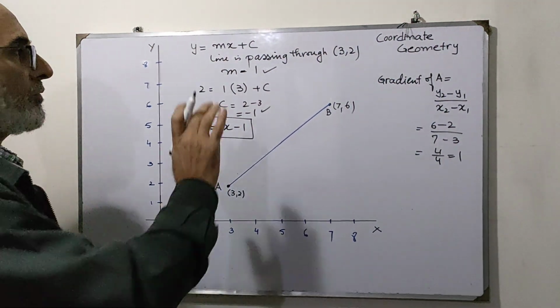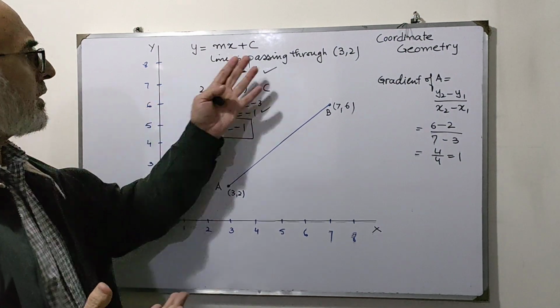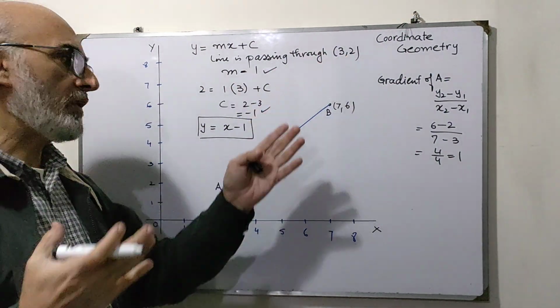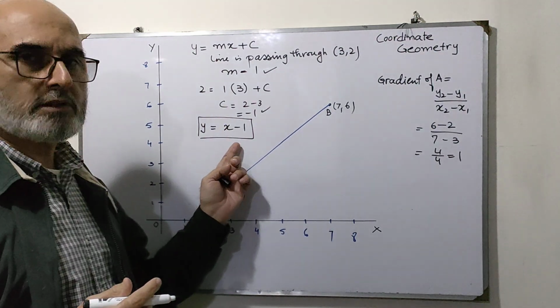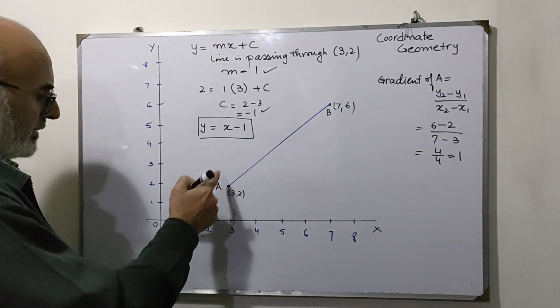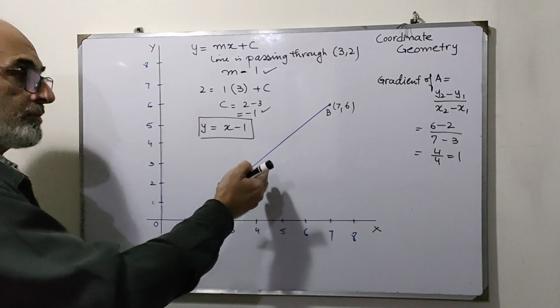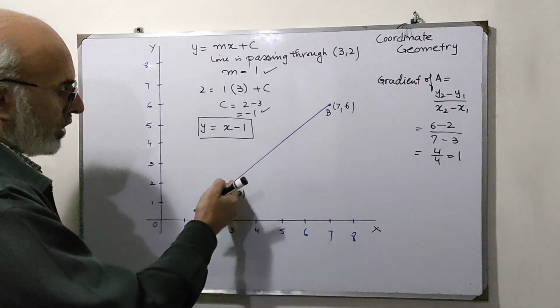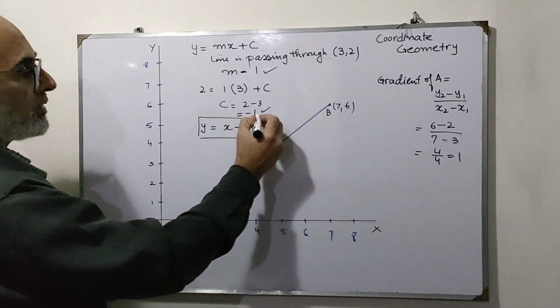We calculated this using this point. We can similarly use the point (7, 6) and the result is going to be the same. We'll do that, but before that, let's see if this line, if it is drawn further towards the negative axis, is it passing through this minus 1?